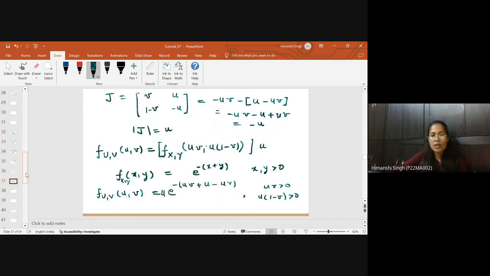Now the first condition is true for all u and v. Now u into 1 minus v should be greater than 0. For this to hold, u is positive, so 1 minus v should be positive, because this product should be positive, which implies that v should be less than 1.